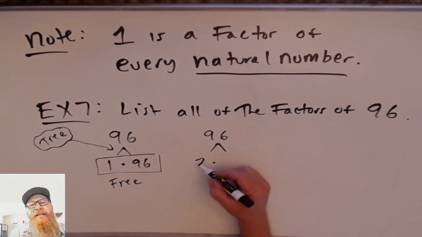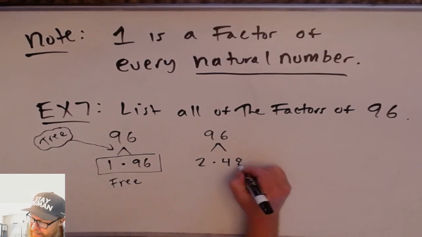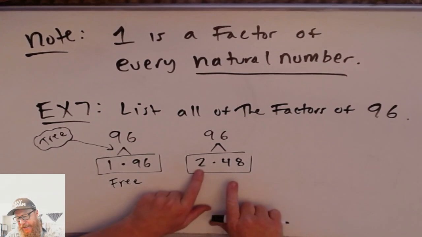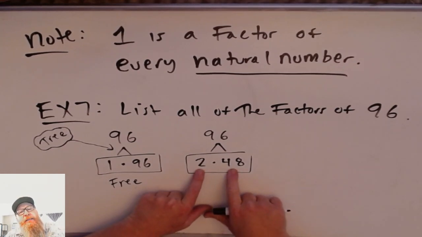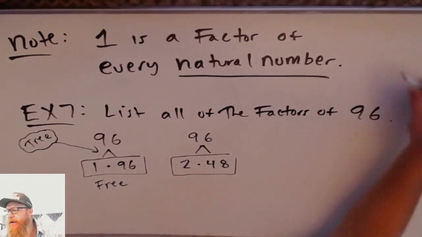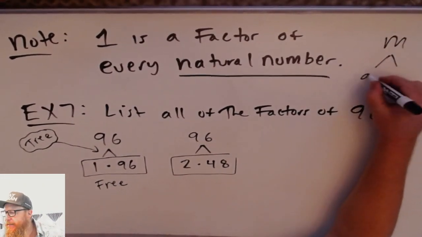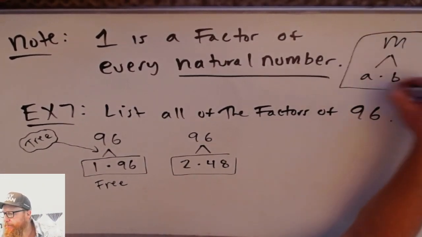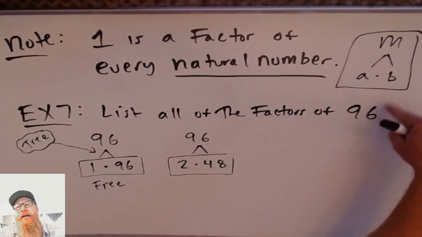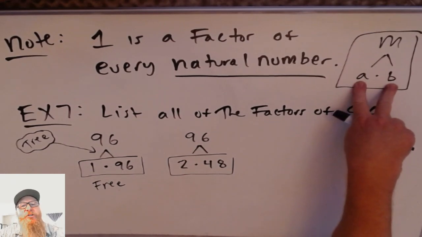Yeah. 96 divided by 2 is 48. So this is A and this is B, and this is M. When we make our tree, M is the big number, and A and B are the factors.